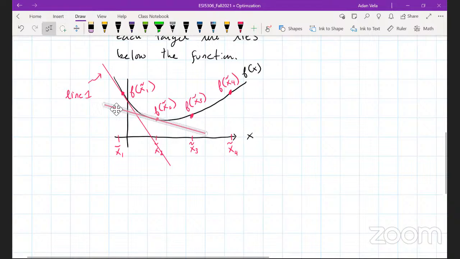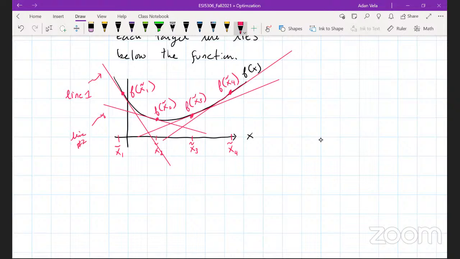So that's the second line. And we'll do the 4th one. Okay. Oh, that worked out nicely. Alrighty. So what we see is each tangent line supports our function.